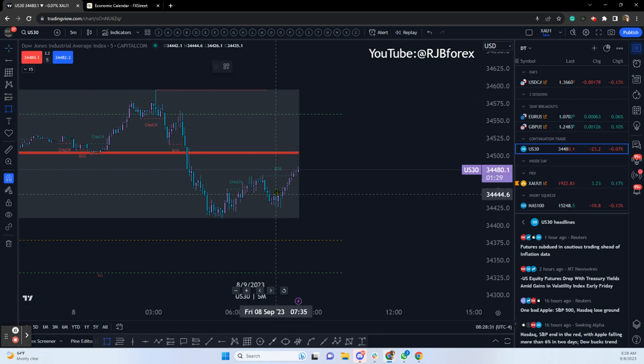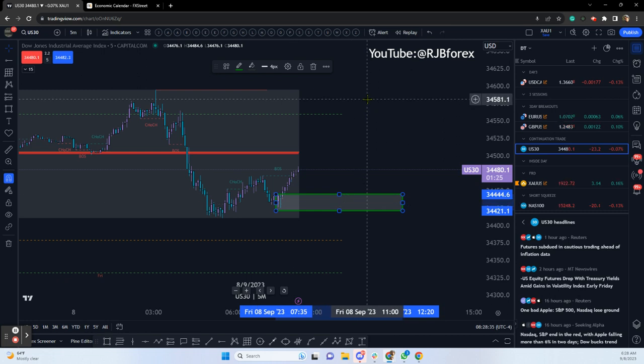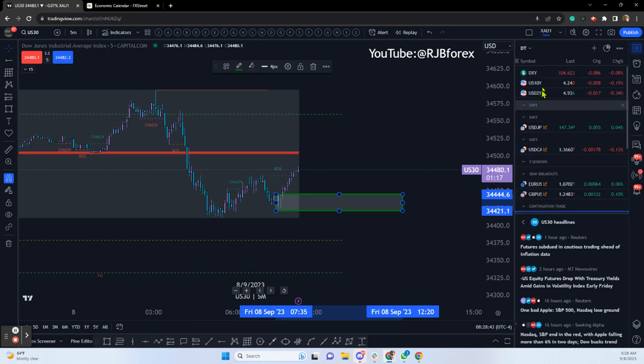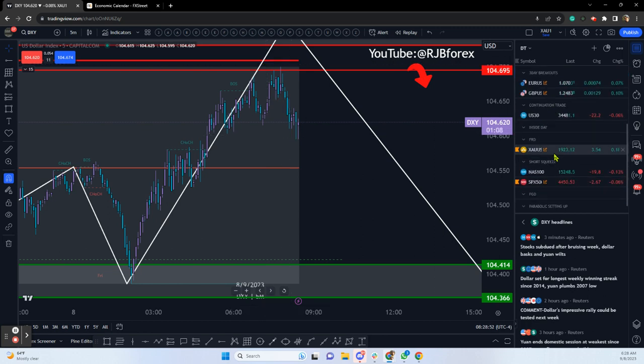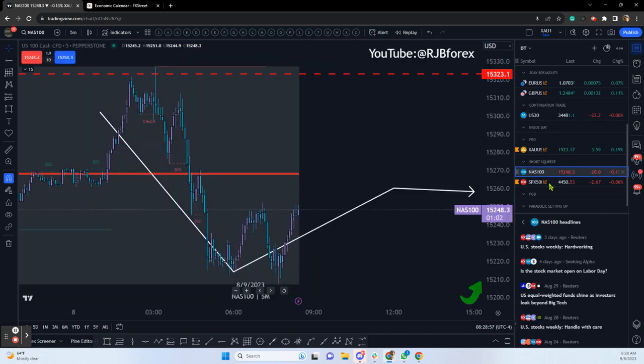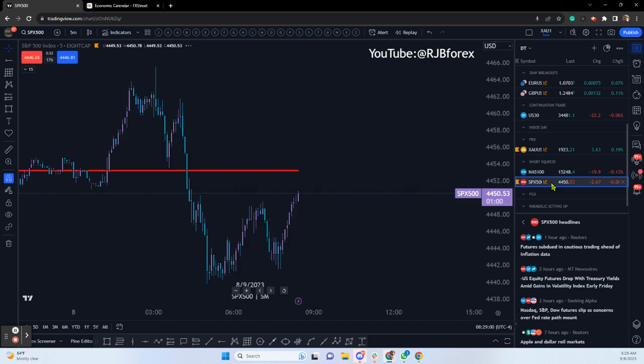As with the euro, you can leave in a buy limit order down here to ride higher with prospects of a weaker dollar, because they are negatively correlated. So if we're looking for weakness in the US dollar, we can be looking for longs in the indexes. So we've got the same for the Nasdaq and S&P.